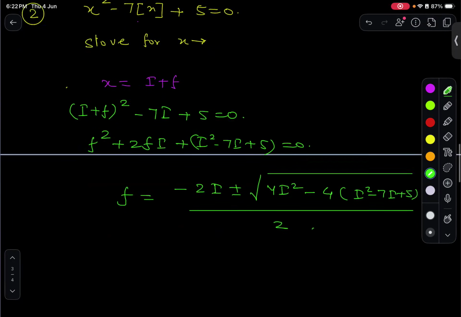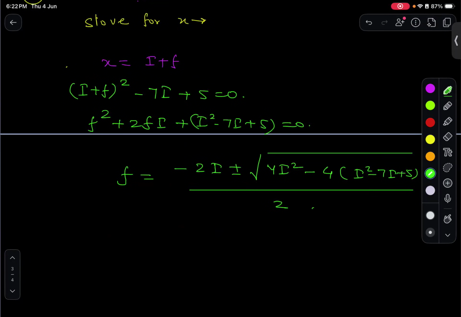And this value must lie between 0 and 1. So f is minus I plus minus, 4 comes out, then 2 will cancel out again, so under root of what value? I square cancels out, 7i minus 5.